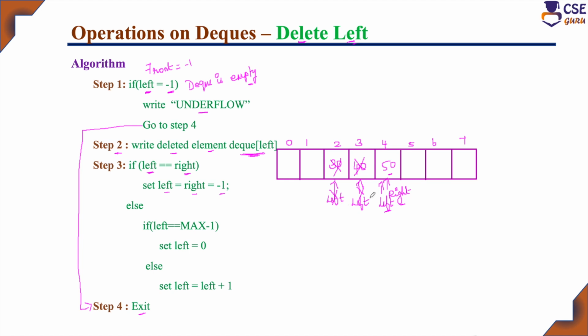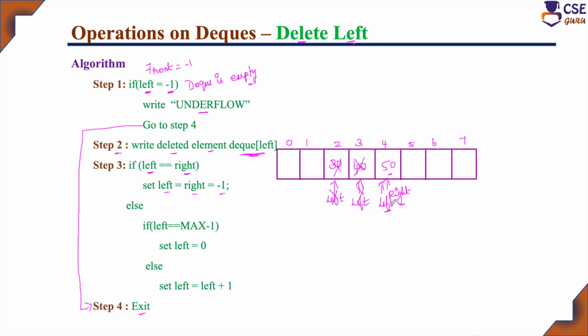In this case, if you are implementing the delete left operation, what will happen? Both the pointers are pointing to the same location, but here we are implementing only the delete left operation. So, just increment the left pointer by 1, right? That is the normal condition we will implement.